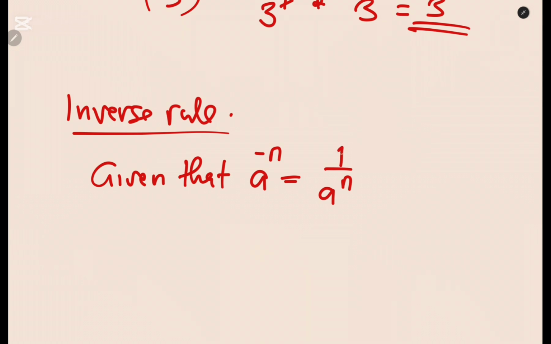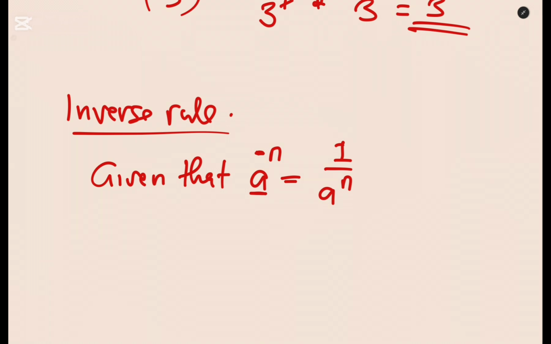So we put the 1 on top, then the negative goes. Inverse rule: when you have the number a, the base, raised to a negative power, you just write it in this form and the power becomes positive. So 1 over a to the power n.